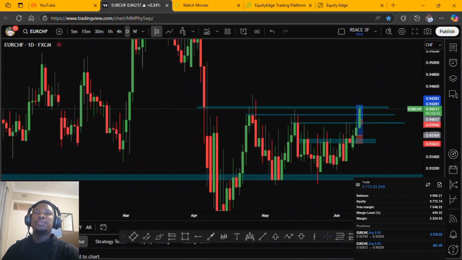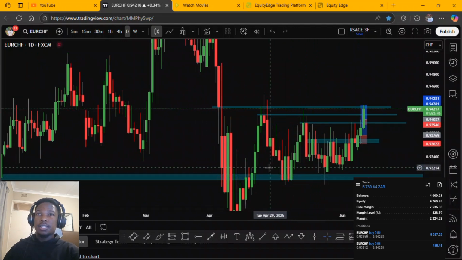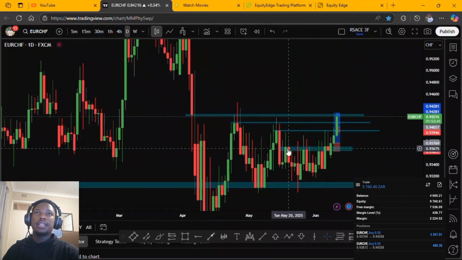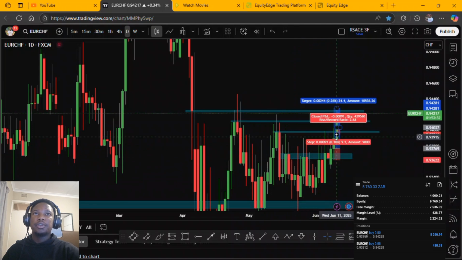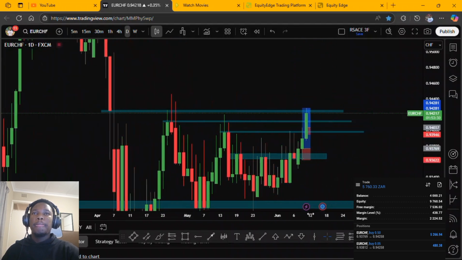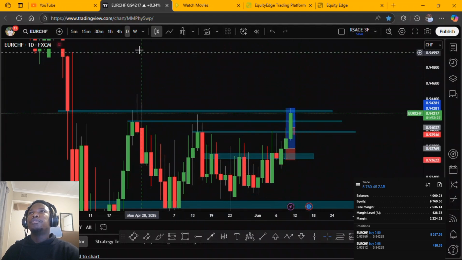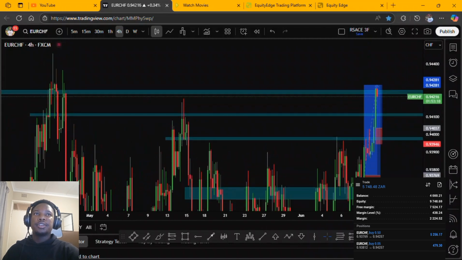So I saw that the market rejected this resistance, of which now turned into a support, and then we formed another daily structure, which is a kind of reversal structure. The market was going down and then it formed this structure but reversed. And then also remember, we have a resistance of which now turned into a support, so we should be looking for buying opportunities.